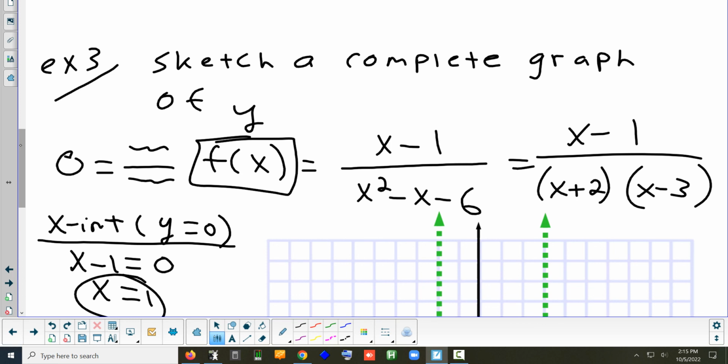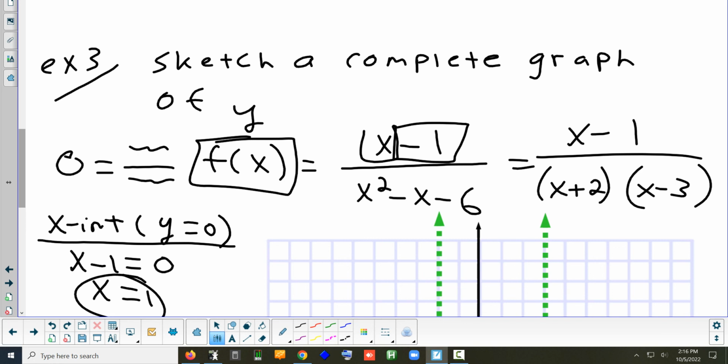Think of what are the two, there's 2 terms in the top. Can you tell me what each term is? X and negative 1. Which one is going to really start to control what happens as x gets bigger and bigger? Negative 1. So look at those two terms.